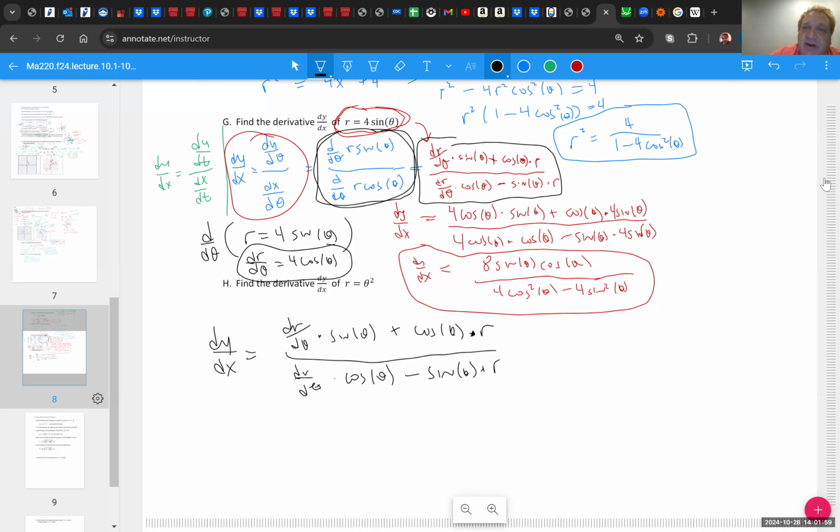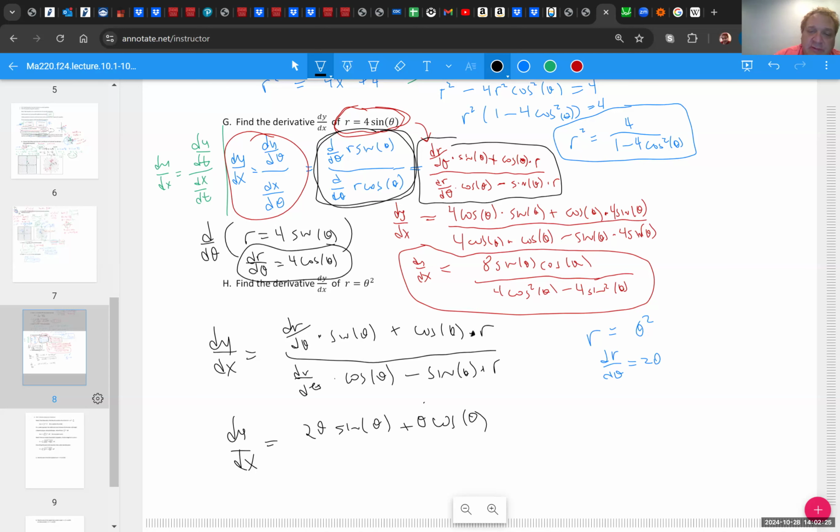All right, so we do have to find out what dr d theta is. We are given that r is equal to theta squared. So dr d theta is just 2 theta. And then I can just start plugging stuff in. So what do I get? I get dy dx is equal to dr d theta, which is 2 theta, sine theta plus cosine theta times r, which is theta squared.